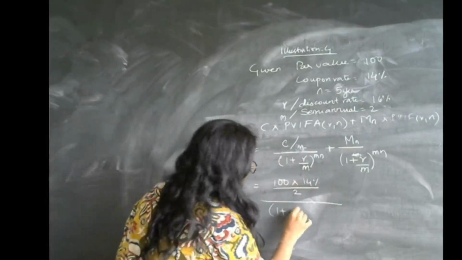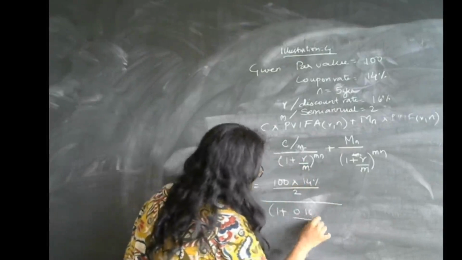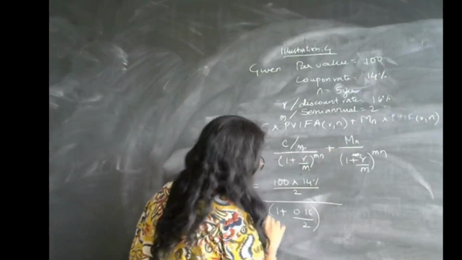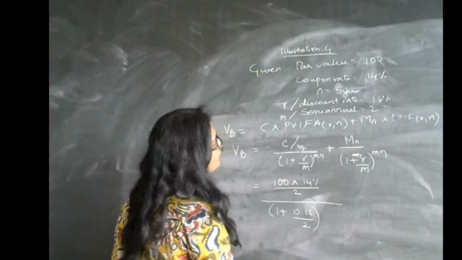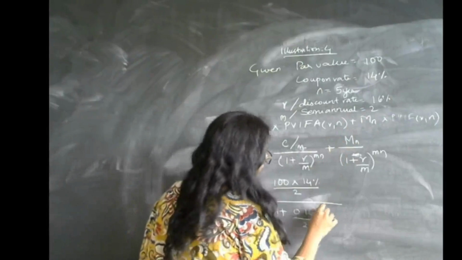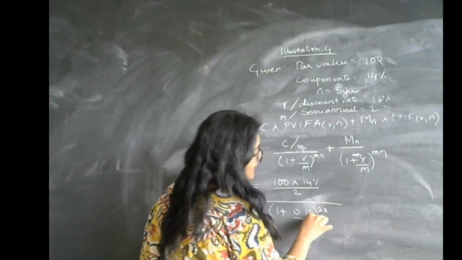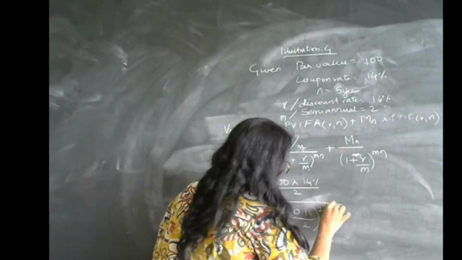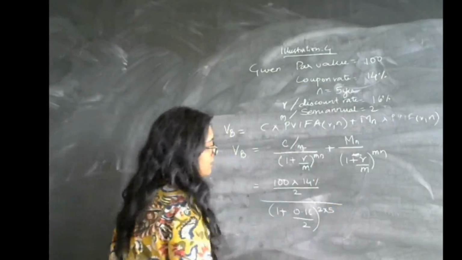It is 0.16 divided by M. M is 2 over here. The whole raised to M into N. What is M over here? 2, because it is semi-annual, multiplied by N. N is how much? 5 years, right?